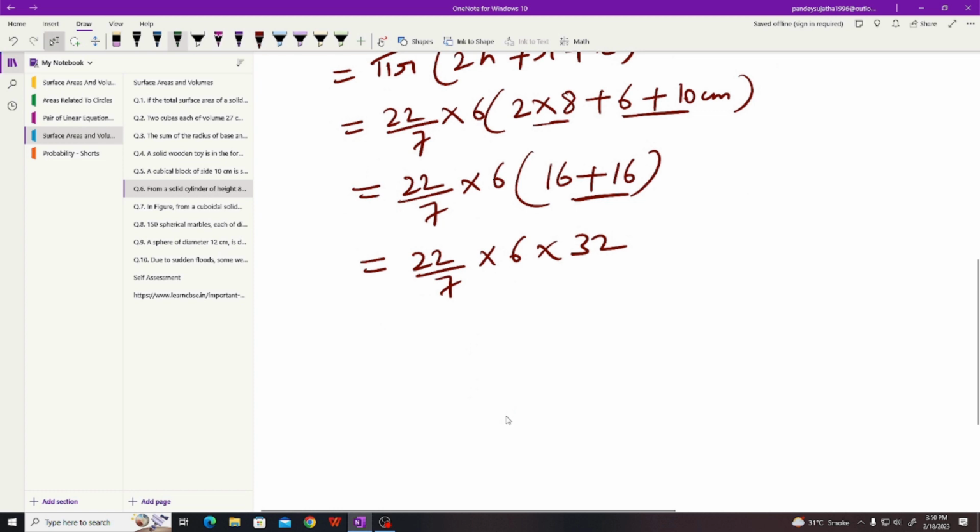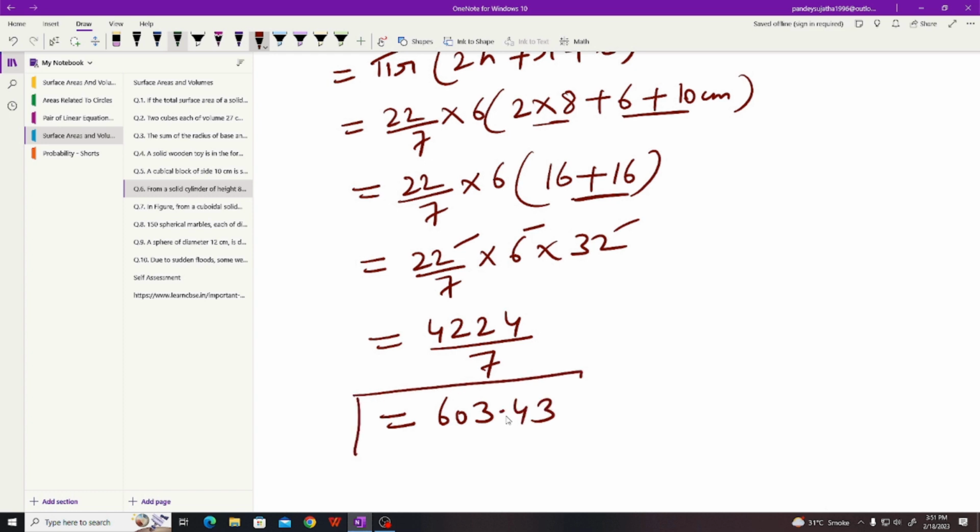So solve it. 22 into 6 into 32 divided by 7, you get the surface area of the remaining solid as 603.43 centimeter square. Next question.